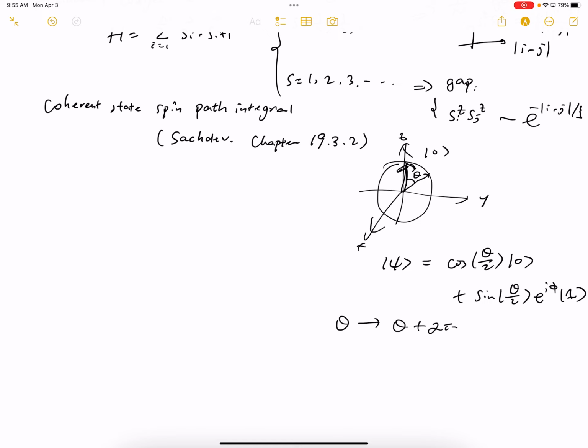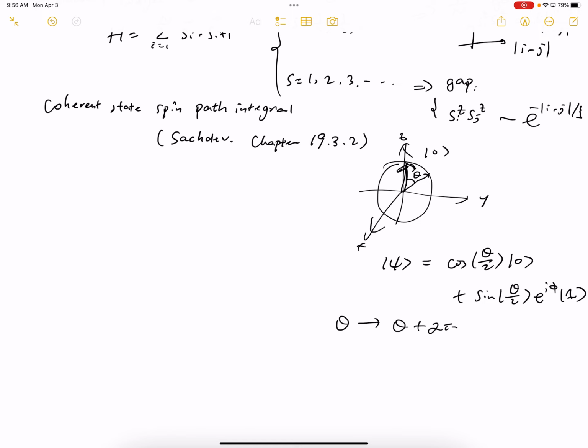That should be relatively simple. If I just change theta to theta plus 2 pi, what will the state look like? Does it go back to itself, or is it equal to negative 1 times that? Look at the theta over 2 here. The key is the theta over 2 here.